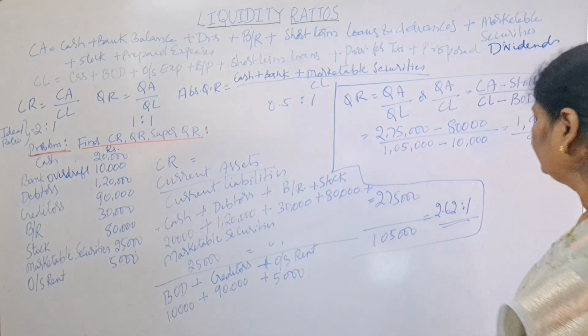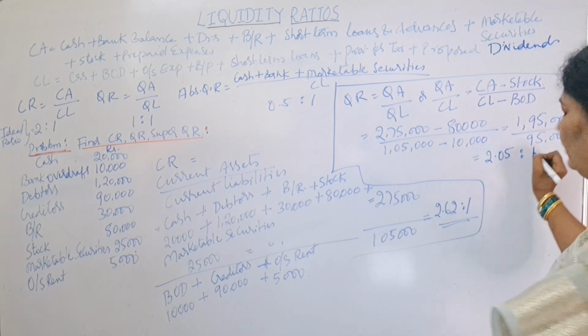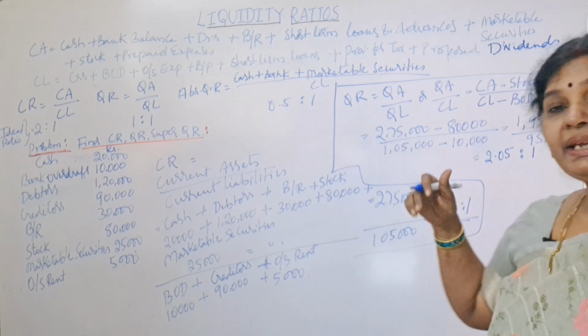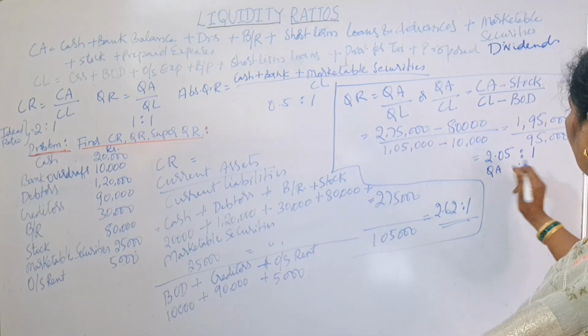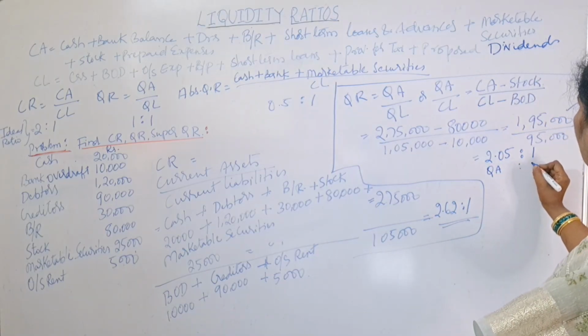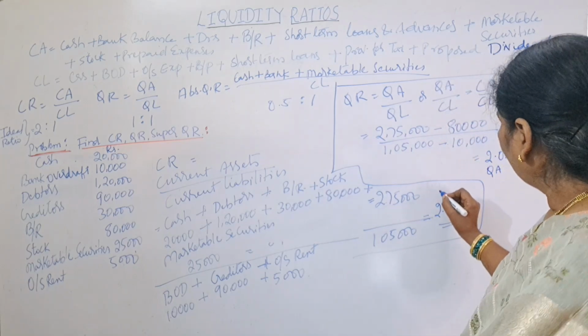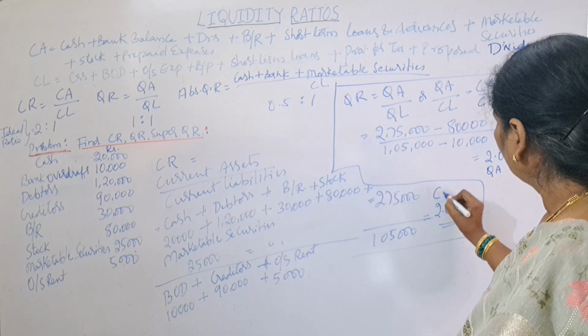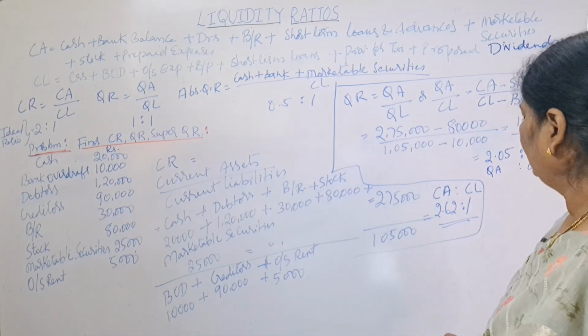It is 2.05 is to 1. Means here we are having excess quick assets with us. Our quick assets are 2.05 and the quick liabilities are 1. Here our current assets are 2.62 and the current liabilities are 1, right?